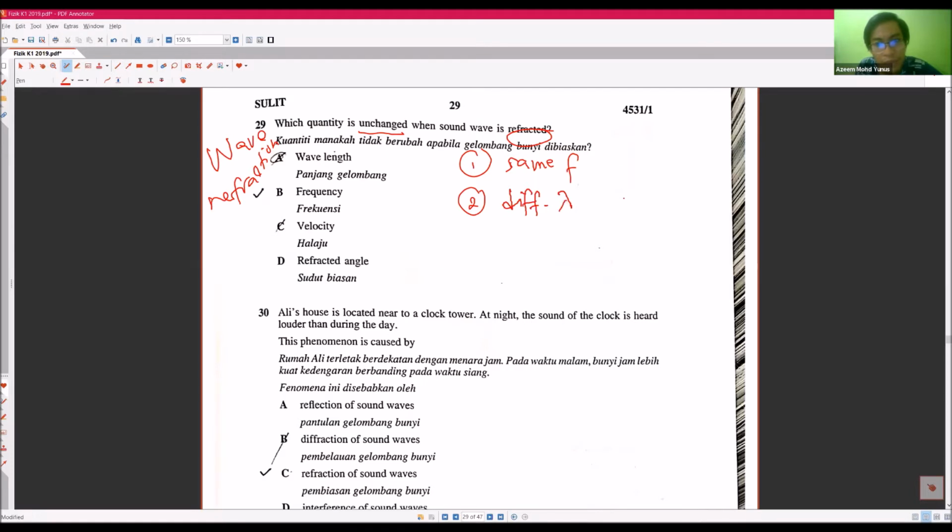Oh, I'm doing the wrong lambda. Sorry, this is the correct symbol. So different wavelength, number three, different frequency. Number four, different direction of propagation.